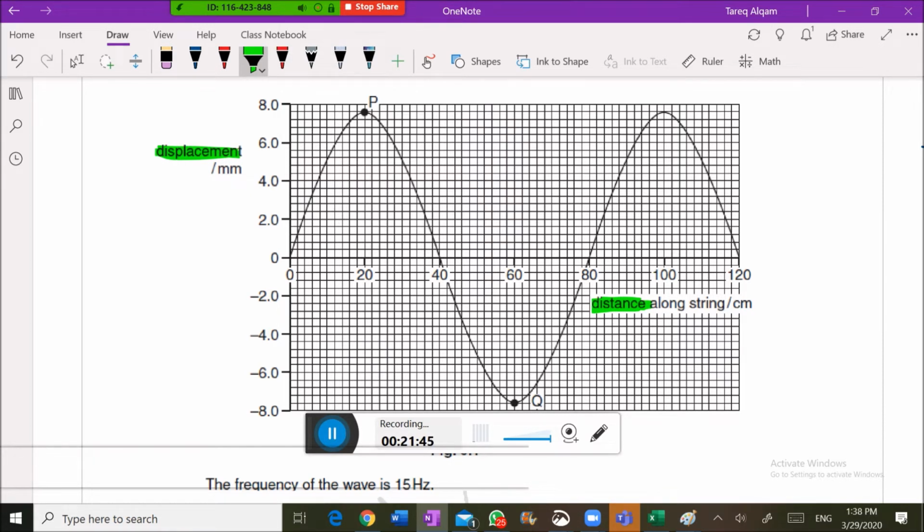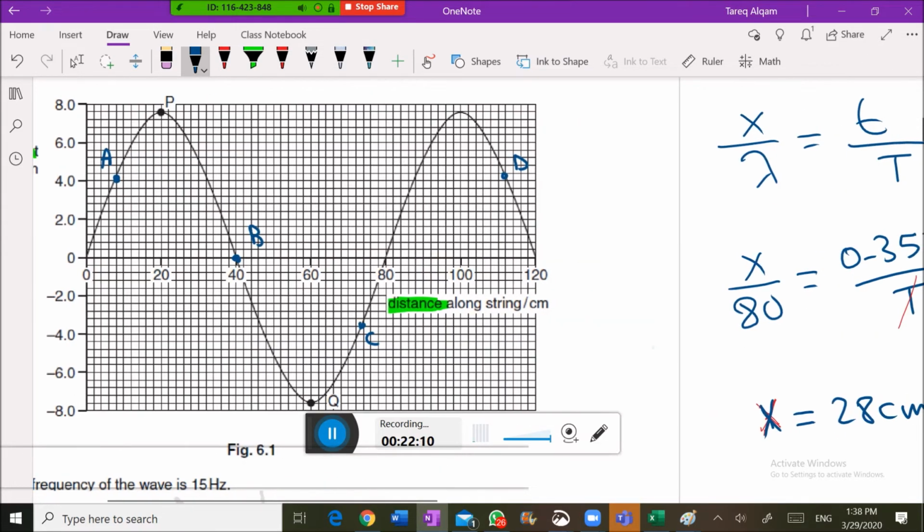Here we may take arbitrary points, for example P here. Let's say this is A. This is B, for example. Let's take this is C. This is D. Now we want to find the phase difference, guys, between these points, right?